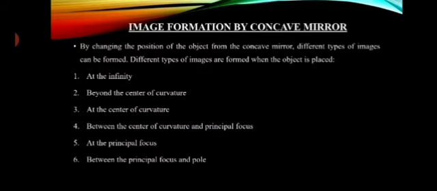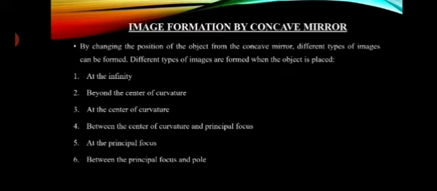Now we'll be seeing the image formation by the concave mirror for various positions of the object. That is, by changing the position of the object from the concave mirror, different types of images can be formed. As I already said, the image obtained may vary depending upon the position of the object.